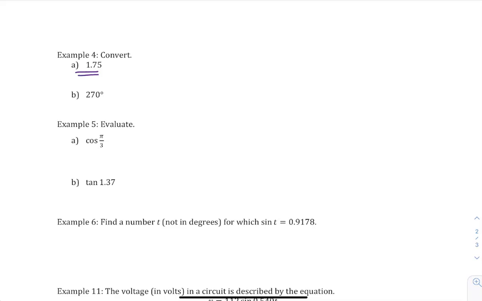Now, if you're in degrees, you do need to specifically indicate that you are measuring in degrees, and so you would put the degree symbol there. So if there's no unit, it's radian. And then if you have the little symbol, then it's degrees. If you have something in radians, then you don't have to put a unit.